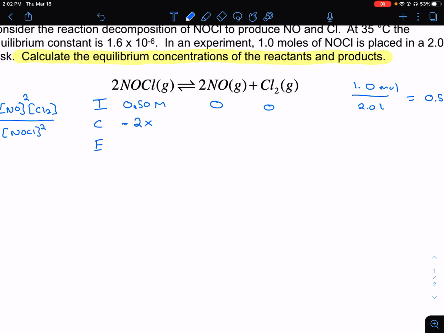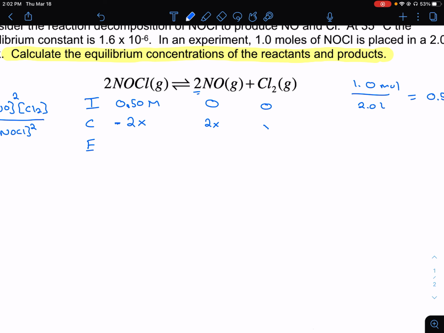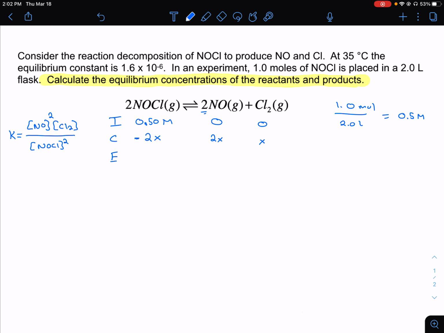On the product side, we're going to be gaining product, and so these are going to be positive amounts. And so for NO, again, because of this coefficient of 2, it's going to be gaining 2X, and Cl2 has a coefficient of 1, so this is just going to be X.